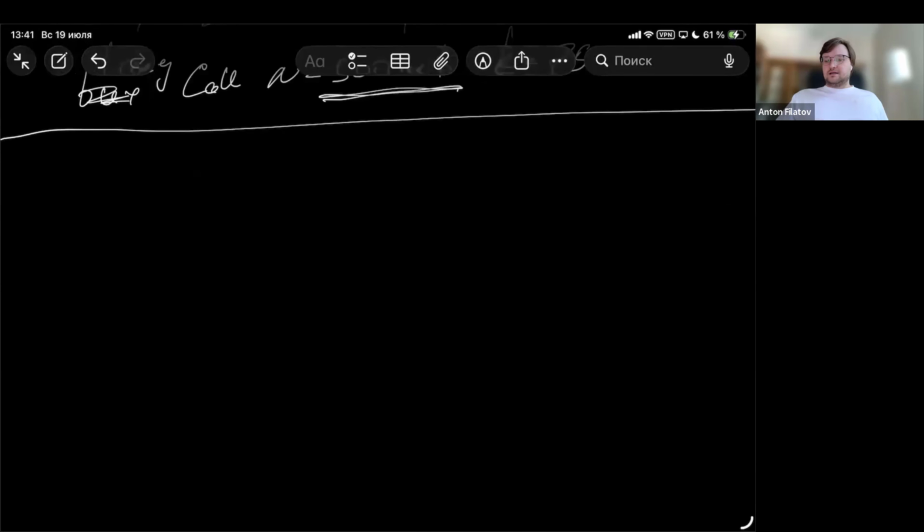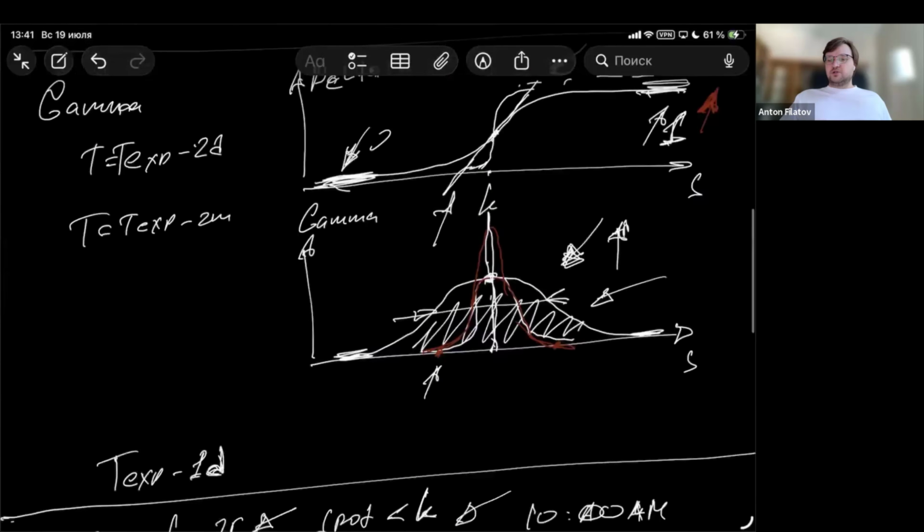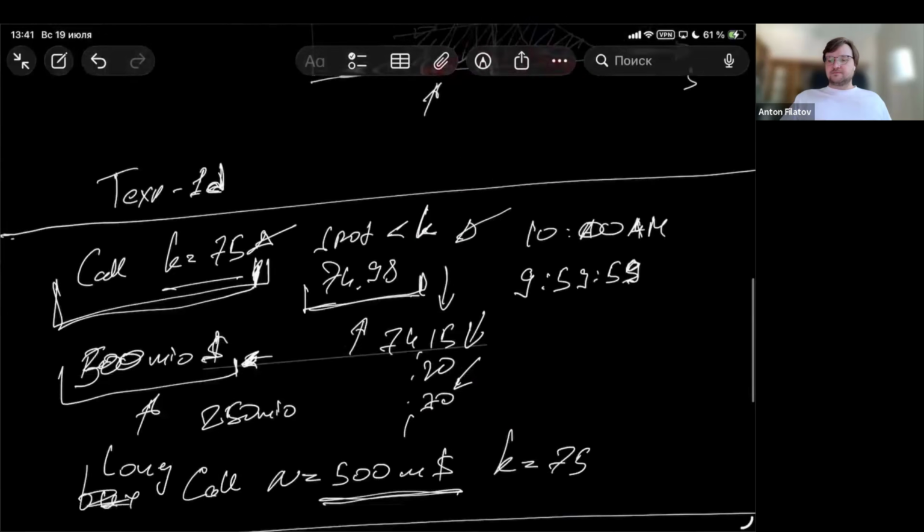Moving next. We talked about gamma, we talked about delta. We briefly talked about theta. The problem with theta is we actually haven't talked about it a lot in our lectures, because theta, as I think personally, is the most difficult Greek, because basically it's a kind of reflection of almost all other Greeks.